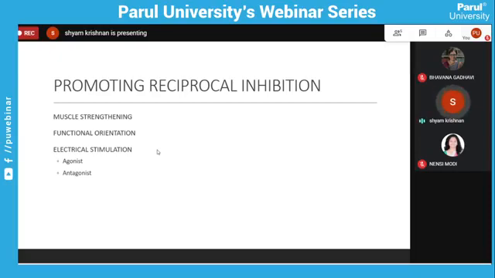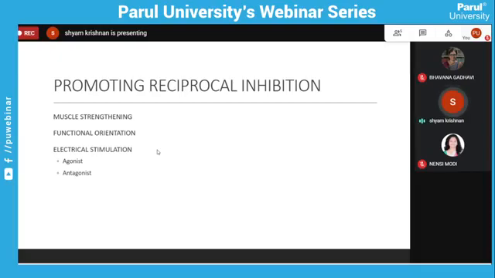Strength training done at a high velocity of the agonist muscle will promote reciprocal inhibition of the antagonist over a period of time. The spasticity of the antagonist may not reduce, but the reciprocal inhibition will increase.